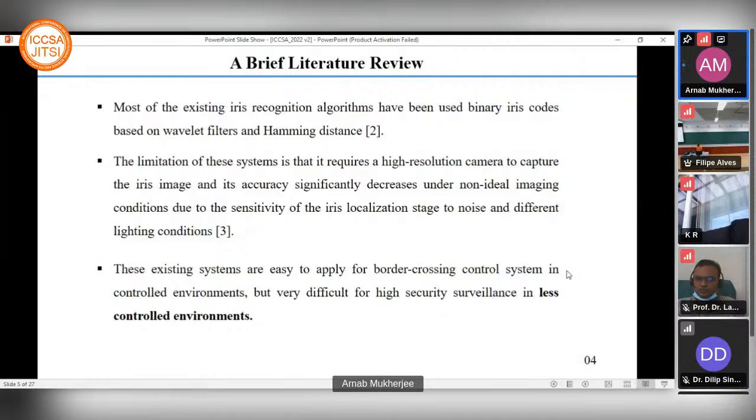But the limitation of this system is that it requires a high quality camera to capture the iris images, and its accuracy significantly decreases under non-ideal images, with an increasing number of images, due to the sensitivity of iris localization to noise and different lighting conditions.